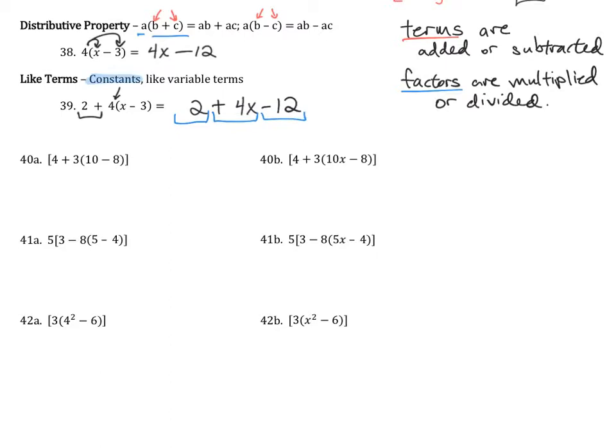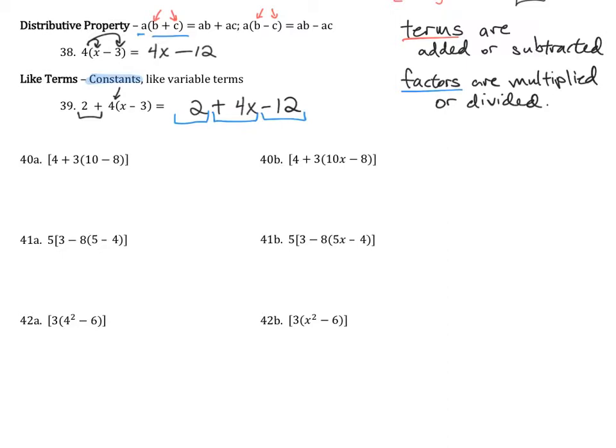So the term includes the sign, either plus or minus, positive or negative, some number. In some cases we call it a constant, like these. In some cases we call it a coefficient. So it includes a sign. It could include a number, and it could include a variable. Those are the 3 things that make up a term.